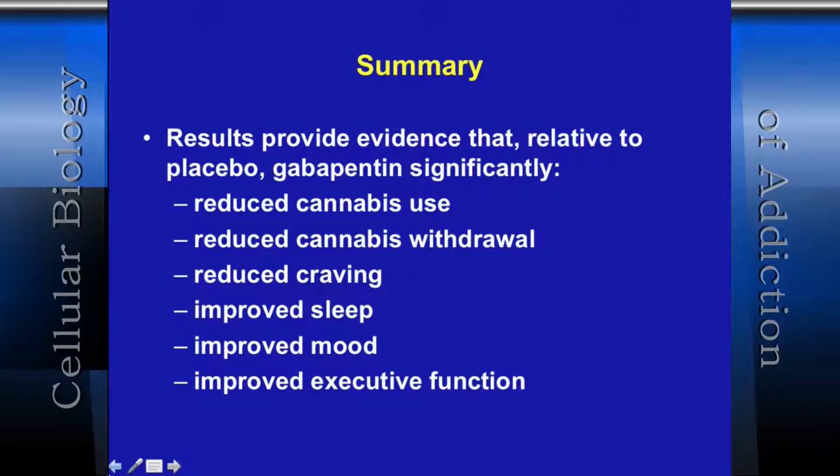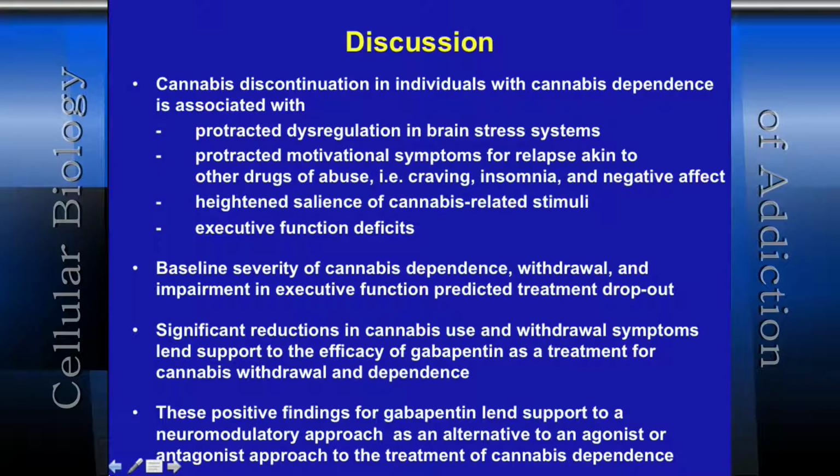So, pulling Fernando Rodriguez de Fonseca's data together with ours, you can conclude that cannabis discontinuation in individuals with cannabis dependence is associated with protracted dysregulation of brain stress systems. There are protracted motivational systems for relapse, very similar to other drugs of abuse like alcohol, involving craving, insomnia, and negative affect.